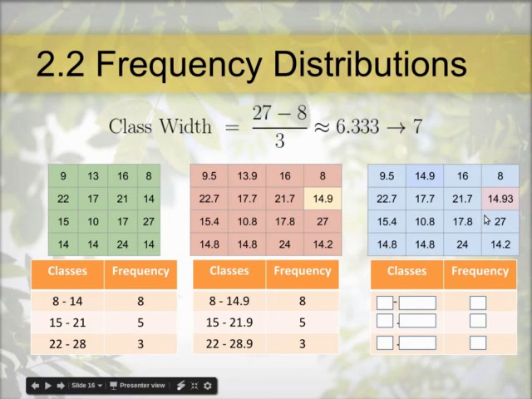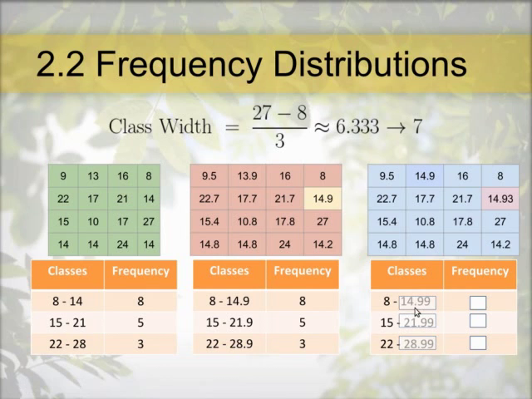So looking at one more example, except now notice we have one data point that goes out to the hundredths place, meaning 2 decimals. So if you're guessing that to get the upper class limit here, we're going to subtract 0.01 from our second lower class limit, you're right. So my lower class limits end up being the same again, starting at 8, add 7.